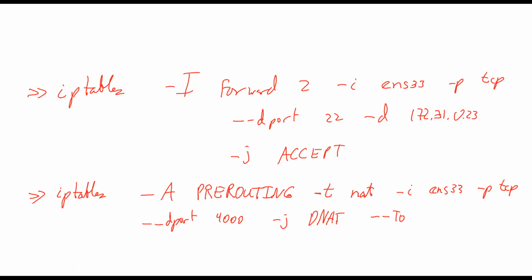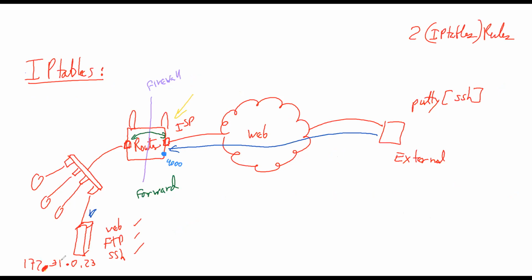And finally, the last part of this is to tell it where to go. Well, where we want to go is 172.31.0.23 on port, let's say 22. That's the port that we're setting up for SSH, so 22. And that's it.